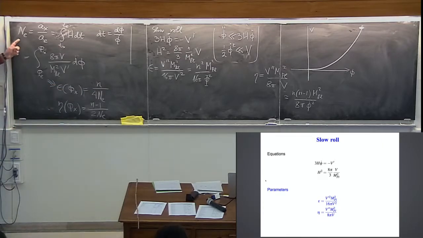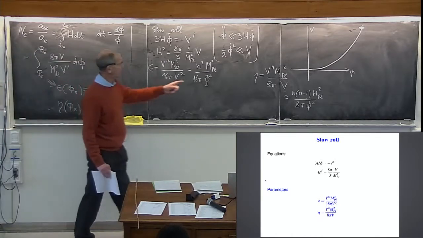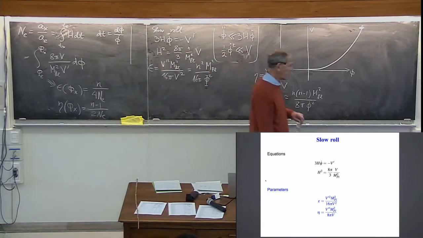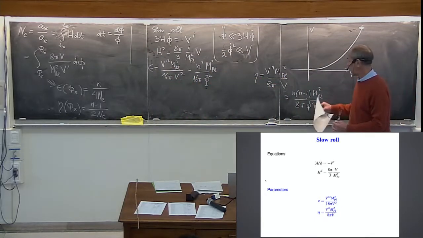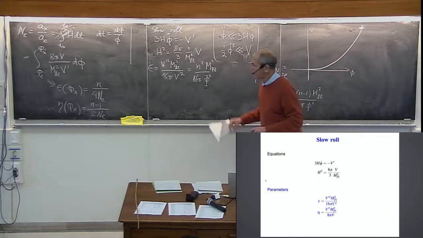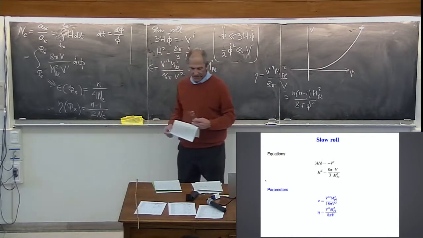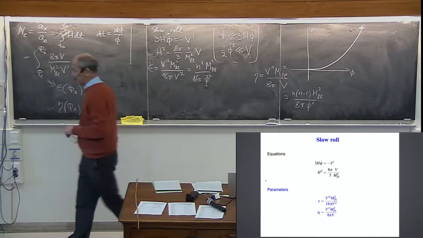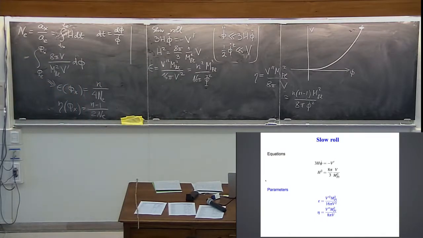You relate, therefore, the number of e-foldings to phi crossing. It's quadratic on the right-hand side in phi crossing. And then you express phi crossing in terms of the number of e-foldings. You plug it in here and in there, and you find these expressions. Okay? Simple calculation. So that's inflation in a nutshell, the inflation scenario itself.